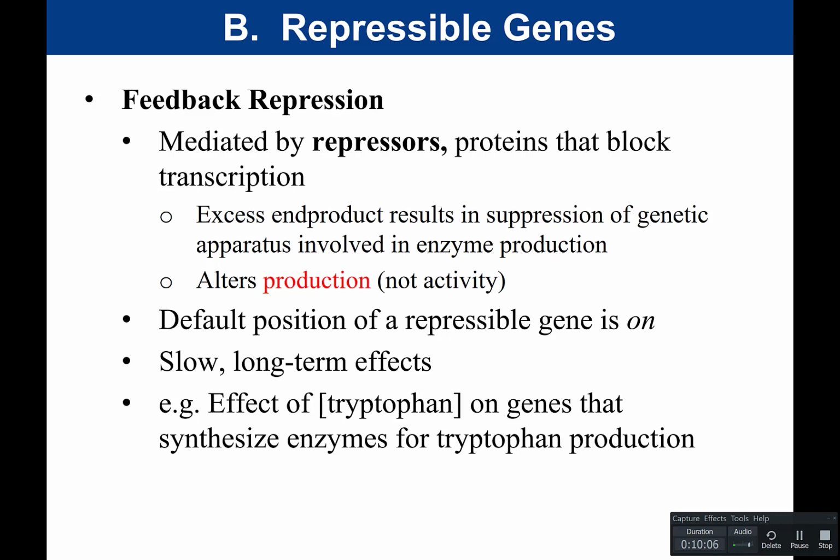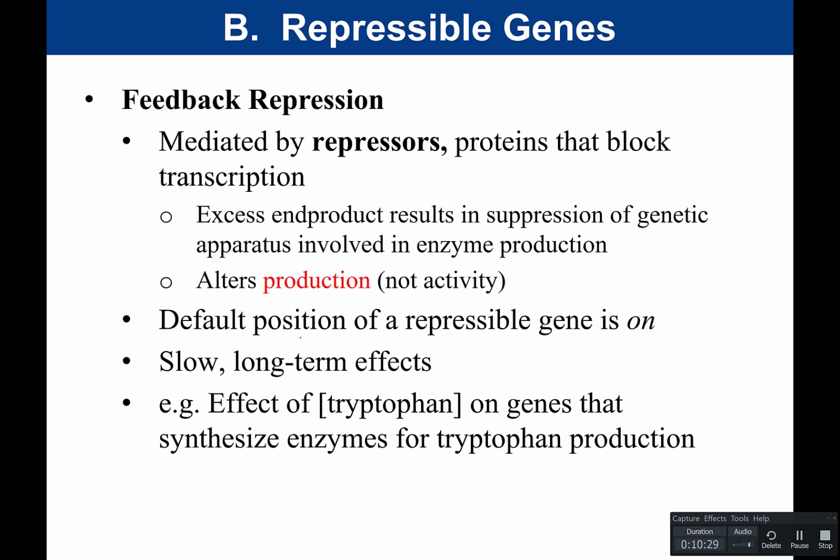So we just talked about inducible genes. Now we are going to talk about repressible genes. So again, in a repressible gene, the default position is going to be on. This can be causing what's called feedback repression. And feedback repression is going to be mediated by repressors. Again, these are proteins that block transcription.